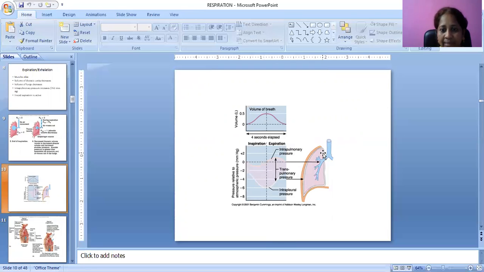Here, intrapulmonary pressure, transpulmonary pressure, intrapleural pressure. In expiration, exhalation, intrapleural pressure is increased. In inspiration, it is decreased. That is shown in this diagram.